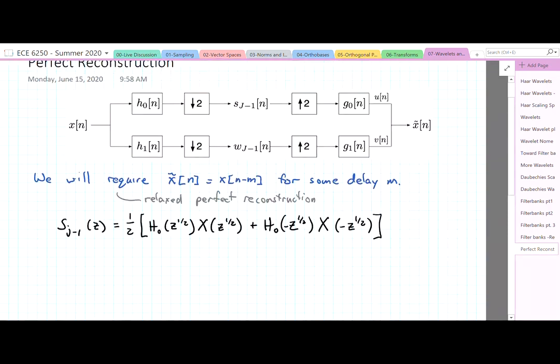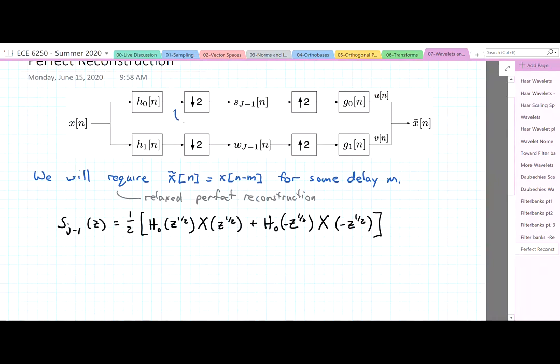So we took advantage of the fact that this point right here is the Z transform X of z H0 of z, and then we did the downsampling using the relationships that we developed previously, and that's what we get.